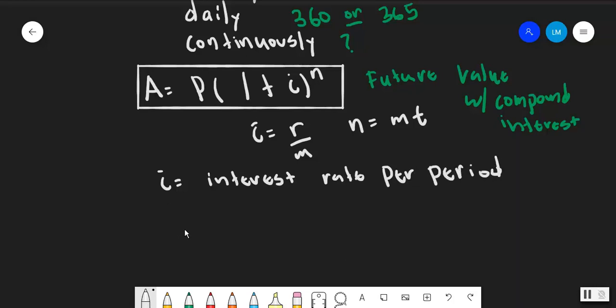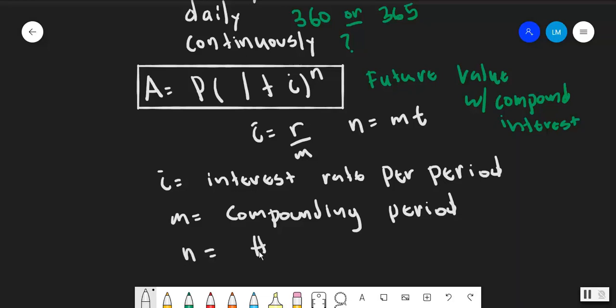And then the m is the compounding period. Now the n is basically the number of times that the amount is compounded.